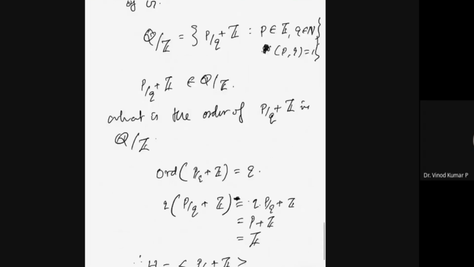Now look at statement 2. It says that every finite cyclic group is isomorphic to a subgroup of G. How do you do that?